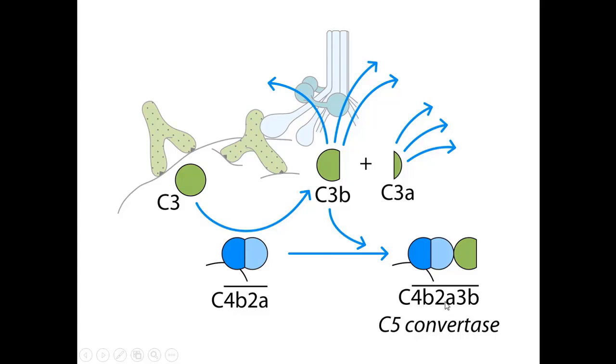Then C4b2a is the C3 convertase of the classical pathway, and C2b, the smaller fragment, is released in the environment.